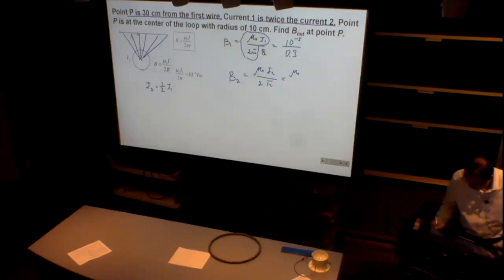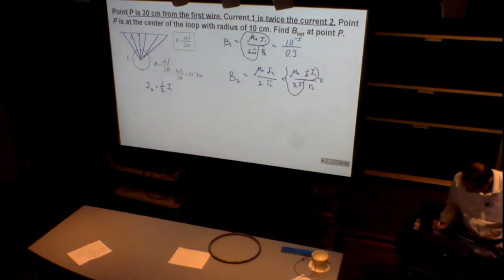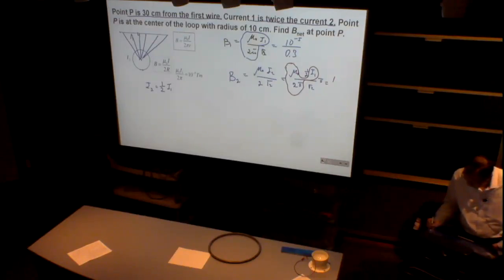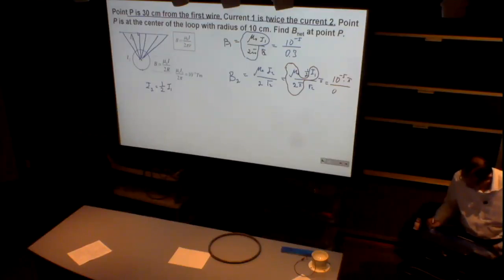So 1 half I1, 2 R2. Of course, I can calculate the numbers, but for me it's easier to use that combination again, because I know this whole thing is equal to 10 to the negative fifth, now times pi, and this should be the radius, 10 centimeters, 0.1.